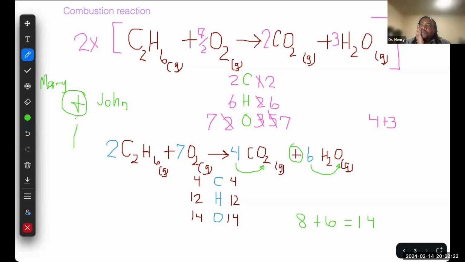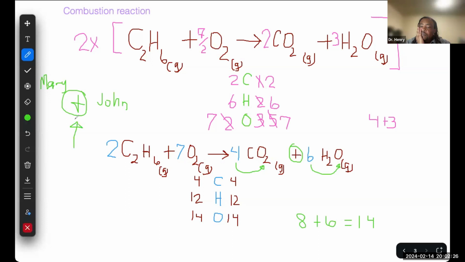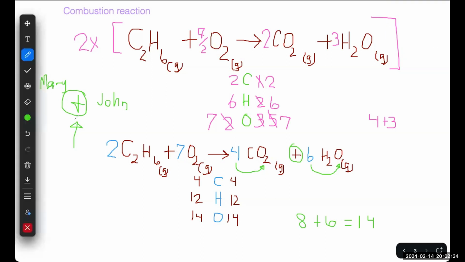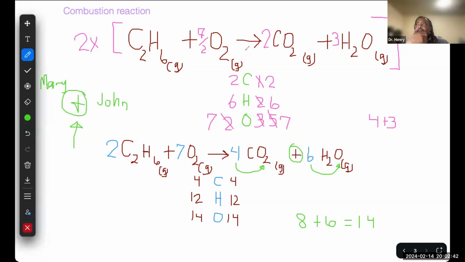This symbol here. Like they are together. Or we would say Mary and John, right? So you're saying this and this is going to make this and that.